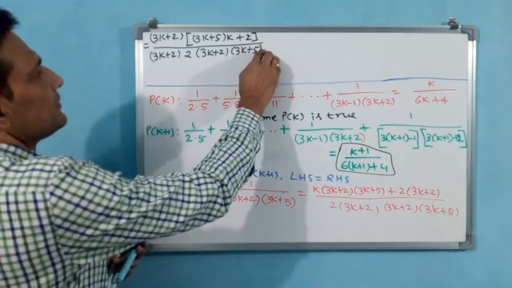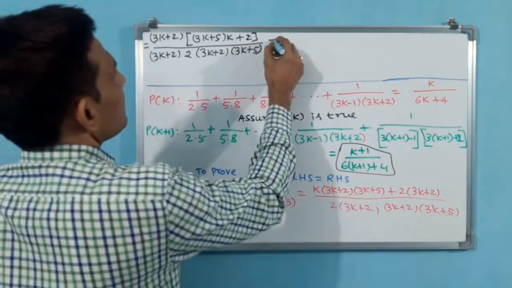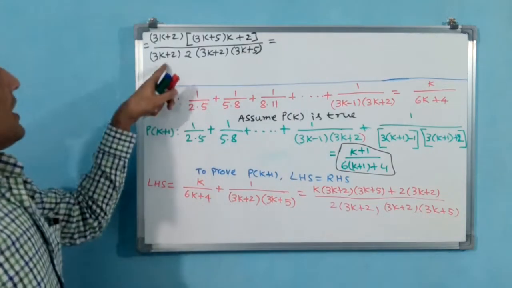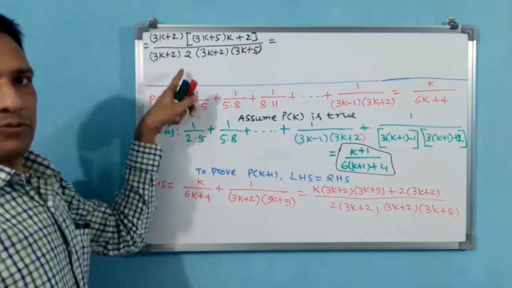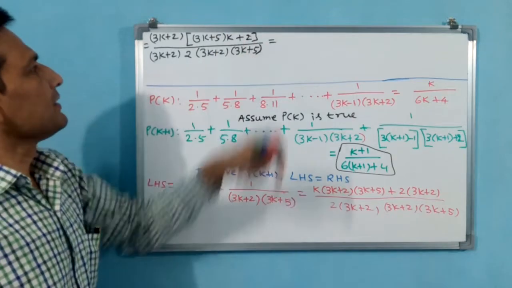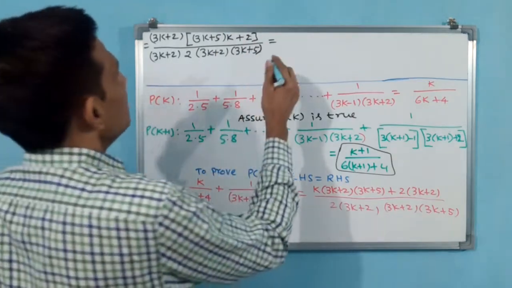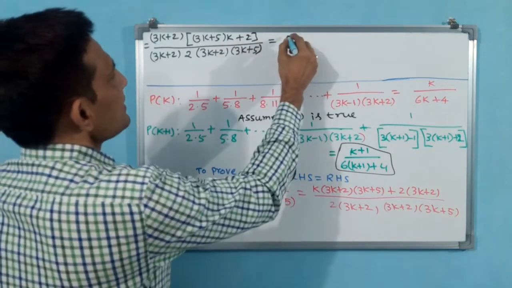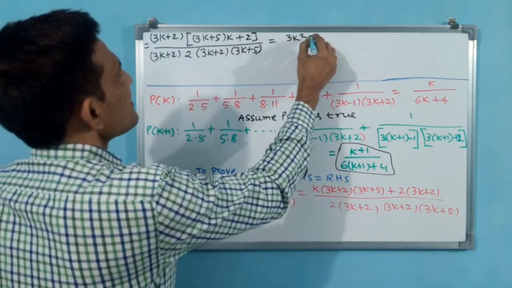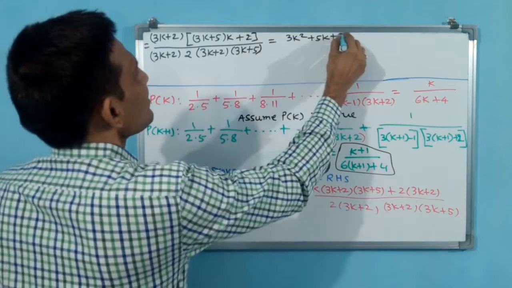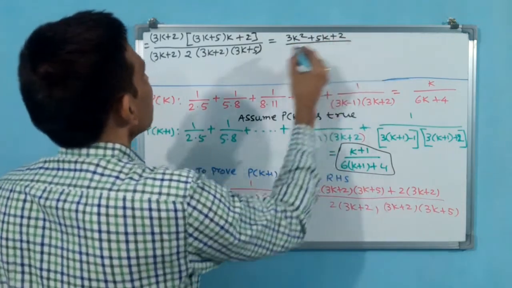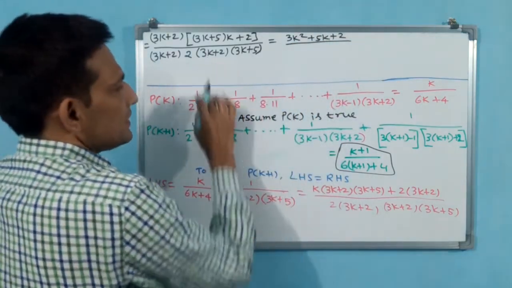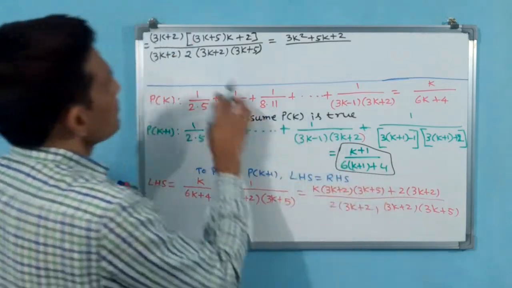We will see. I have crossed this 3k plus 2, 3k plus 2. Like that you think. I am writing the remaining thing. You send this k inside. 3k square plus 5k plus 2, divided by, and here 6k plus 10 has to come.